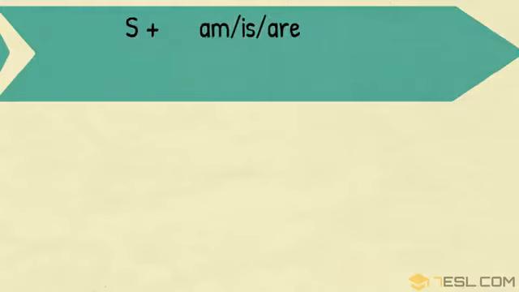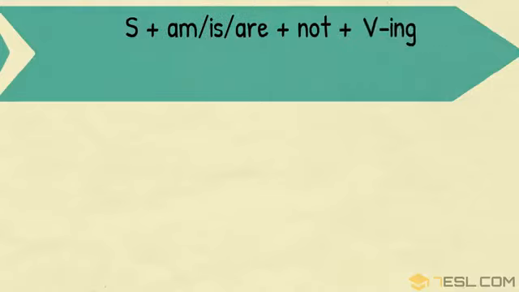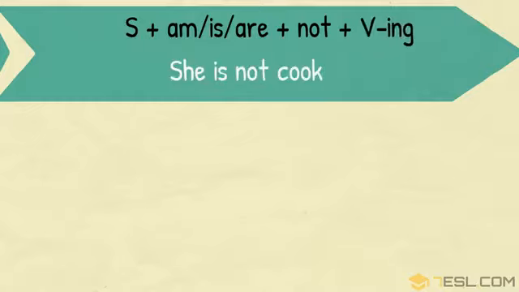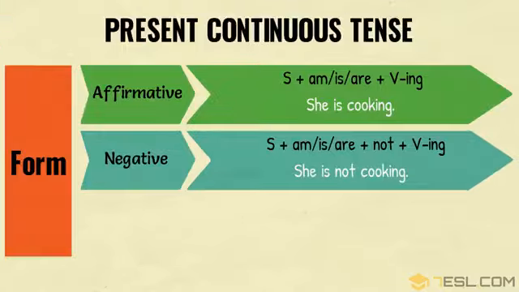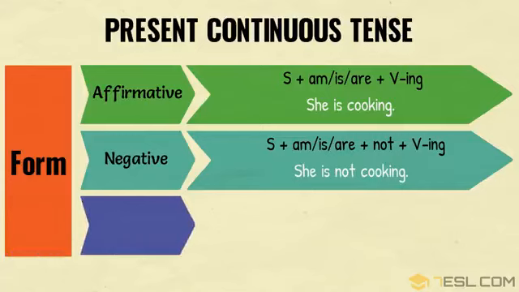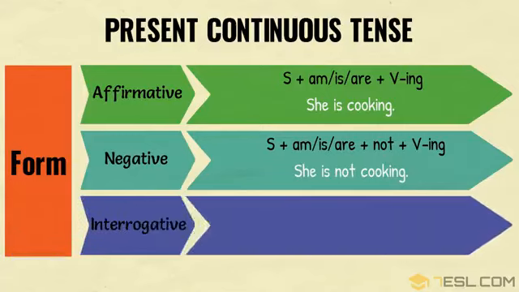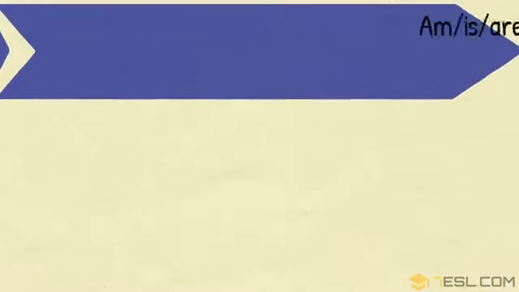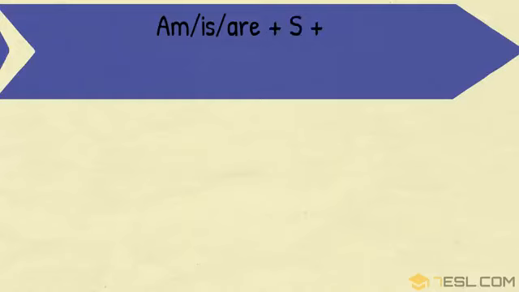Subject plus am, is, or are plus not plus verb ing. She is not cooking. Interrogative. Am, is, or are plus subject plus verb ing. Is she cooking?